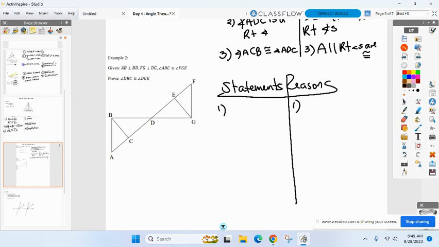And I should see a pair of arc marks for ABC and FGE. Make sure we have everything marked correctly where it needs to be.